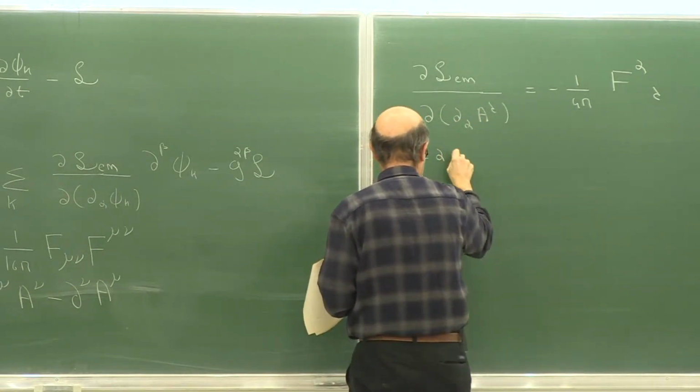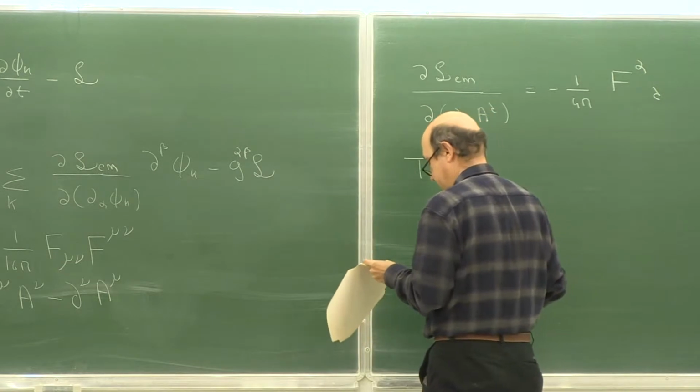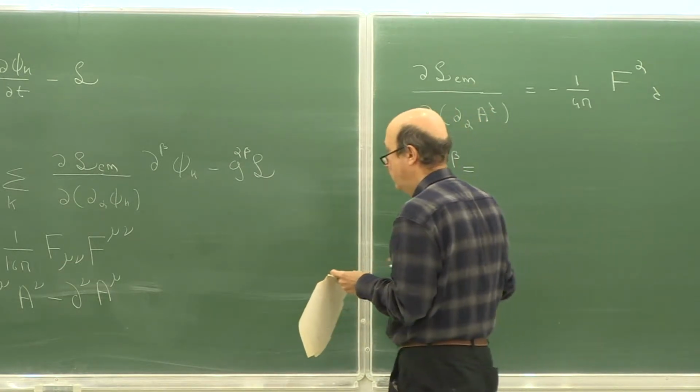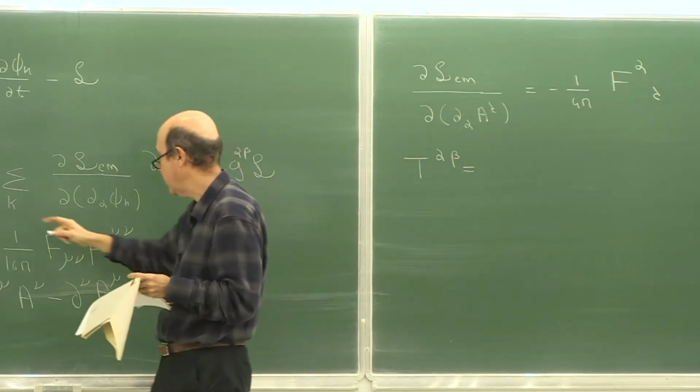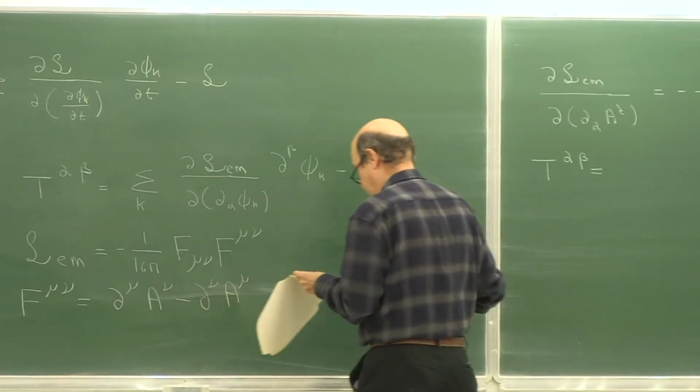Then we can write the canonical stress tensor in the following form: T alpha beta. We have only one field, the four potential, so no summation is needed.